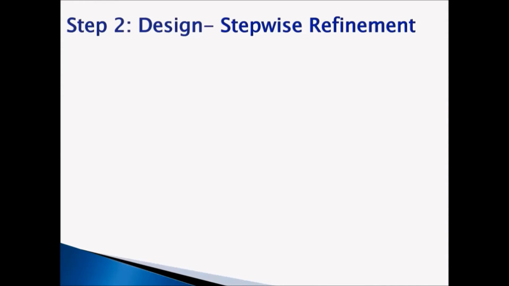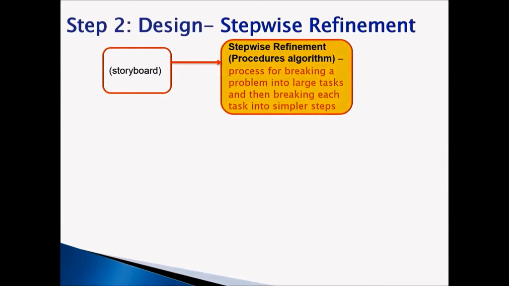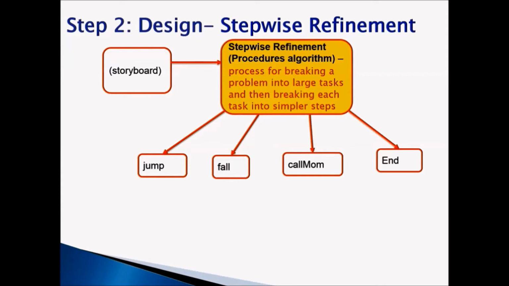Step 2, design stepwise refinement. We have a storyboard. We know what the animation looks like. Now we would do a stepwise refinement on the storyboard. We would give names to the actions like jump, fall, call mom, and end. And these would be our procedures.